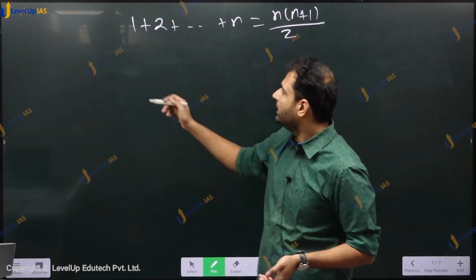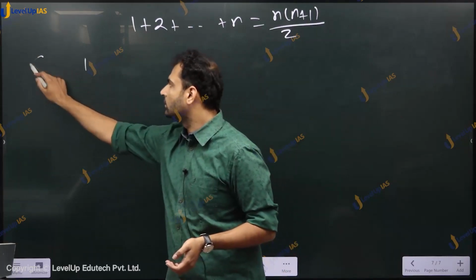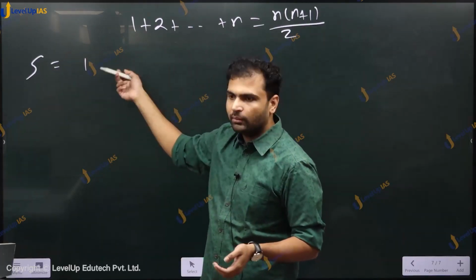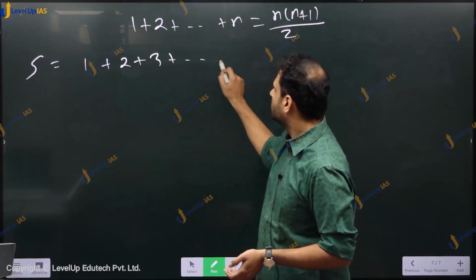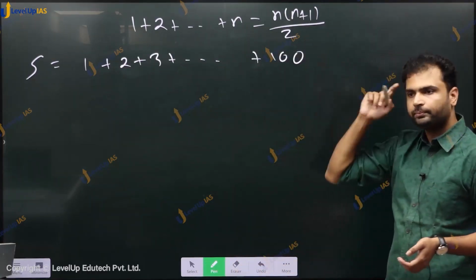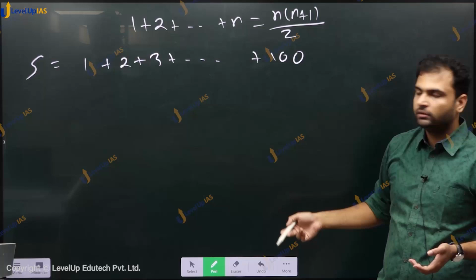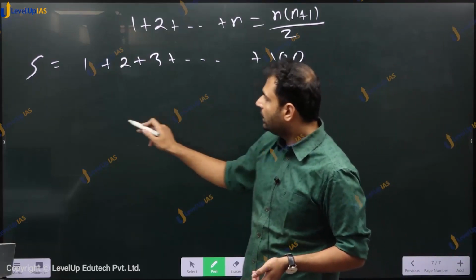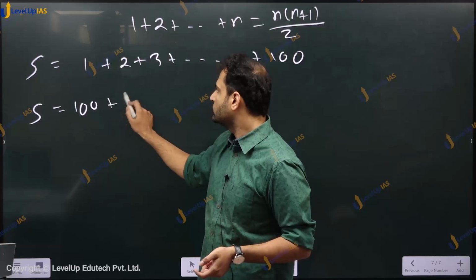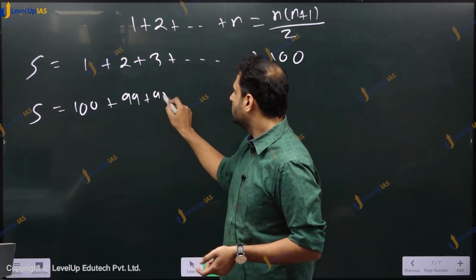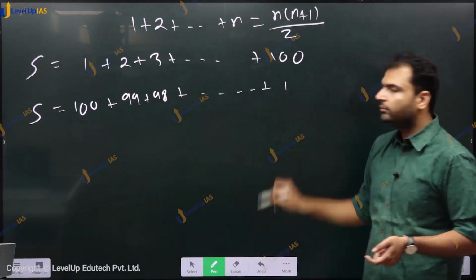So this is what Euler did. He wrote this number and called it S, the sum. 1 plus 2 plus 3 plus up to 100. This is what he wanted to find out. He then reversed the order and wrote the same thing. 100 plus 99 plus 98 plus up to 1.